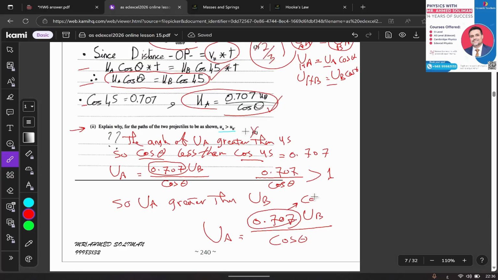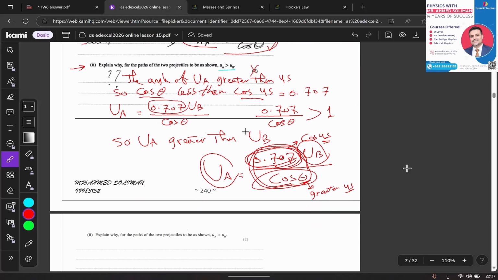In fact, this is cosine 45, Mirola. Okay? And we said this theta is greater than what? Greater than 45. So this cosine will be less than this number. What does it mean? It means this ratio will be greater than 1. So now it means UA will be greater than UB. Okay? Do you understand? Understood. Okay.